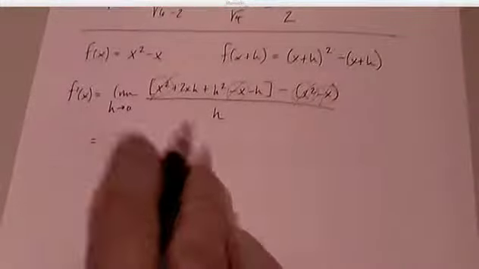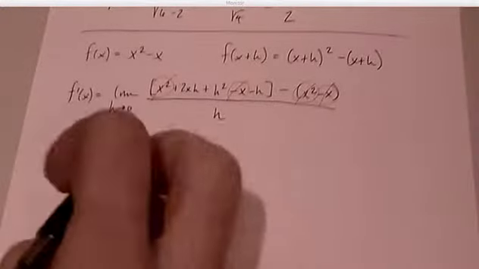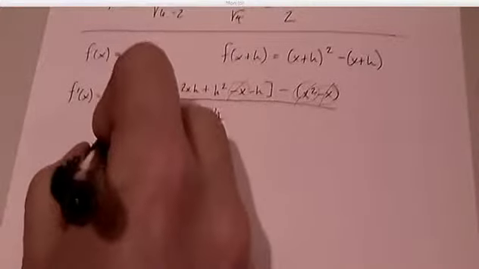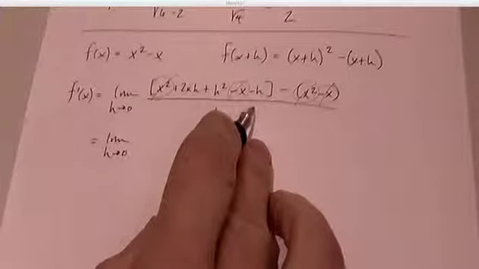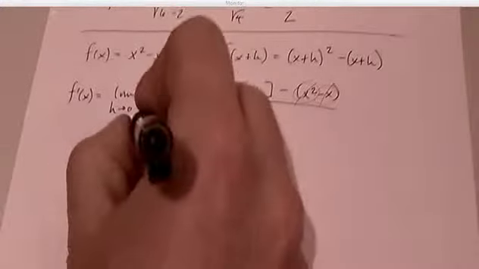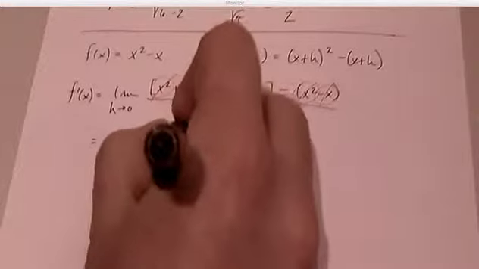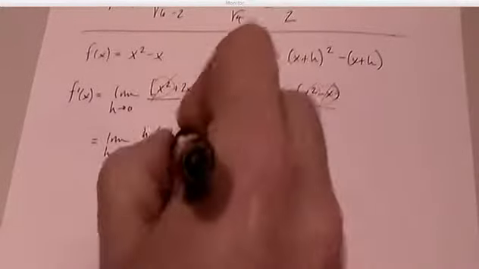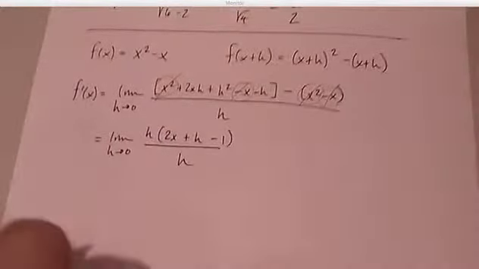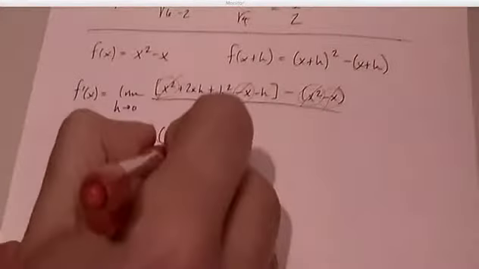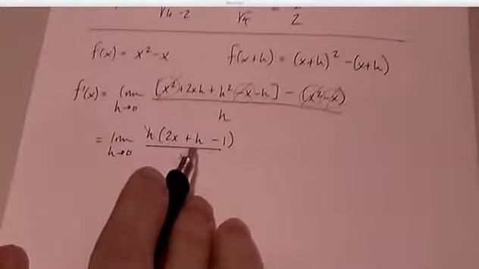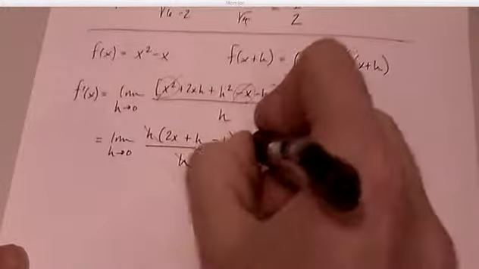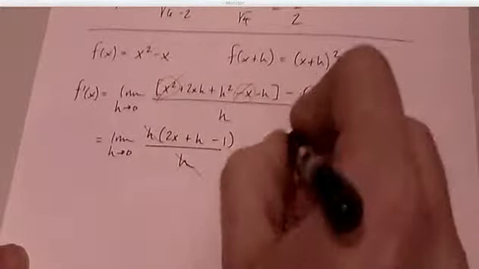And just like what happened last video when I was dealing with a polynomial, the only thing that is left in the numerator are terms that have h, and therefore they have a common factor. I can factor it out, at which point the h's cancel. I'm left with the limit as h approaches 0 of 2x plus h minus 1, and that is simply 2x minus 1.